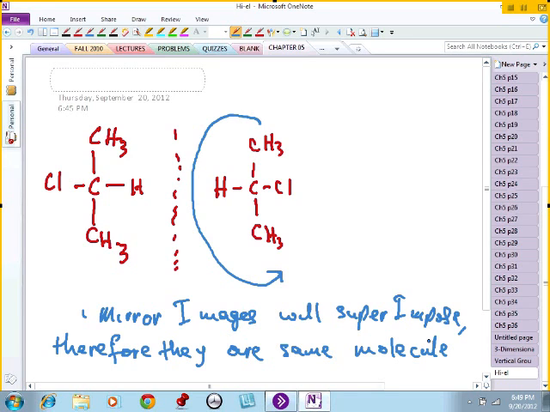No, we'll get back to that. The question is only enantiomers show chirality, but we'll get back to that shortly. So these two molecules are mirror images, but because they do not superimpose, we call them enantiomers. So let me now write these two molecules here.